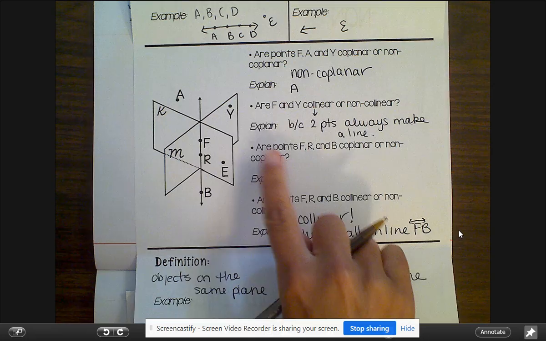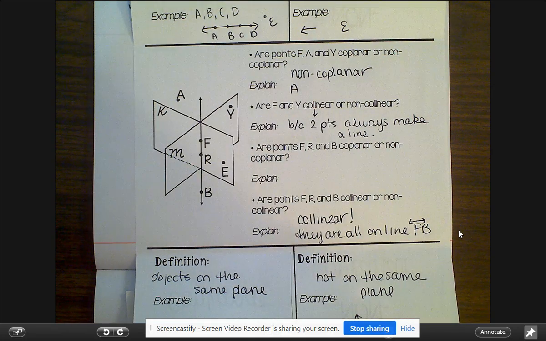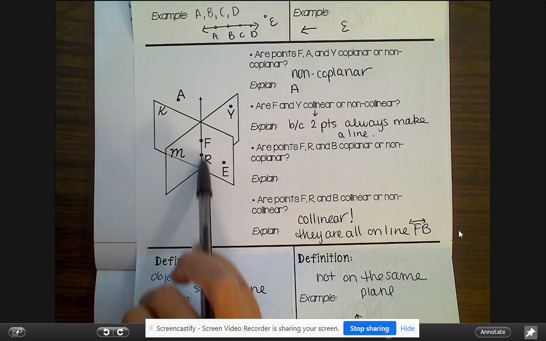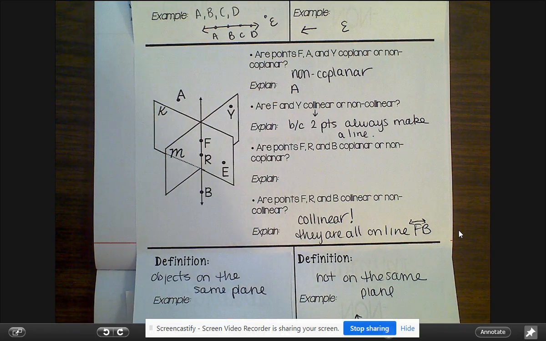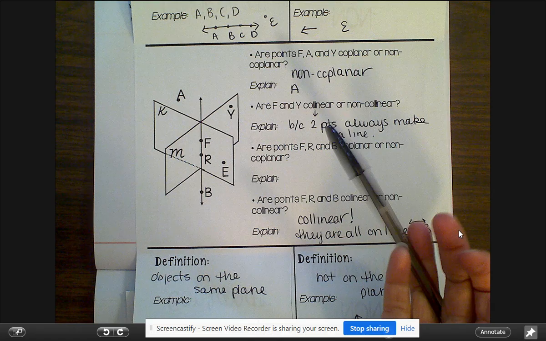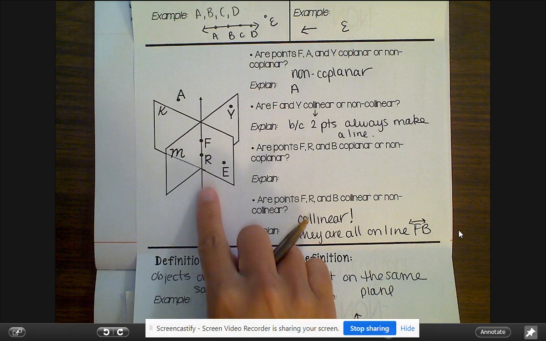Sorry, I jumped around. If we go back to this one, are the points F, R, and B coplanar or non-coplanar? So again, this one's kind of interesting because they are all on the same line, but B is not really on any of the planes drawn here. So again, this is when you can kind of argue because I could draw a plane wherever, although, ooh, no, not on this because they're a straight line.